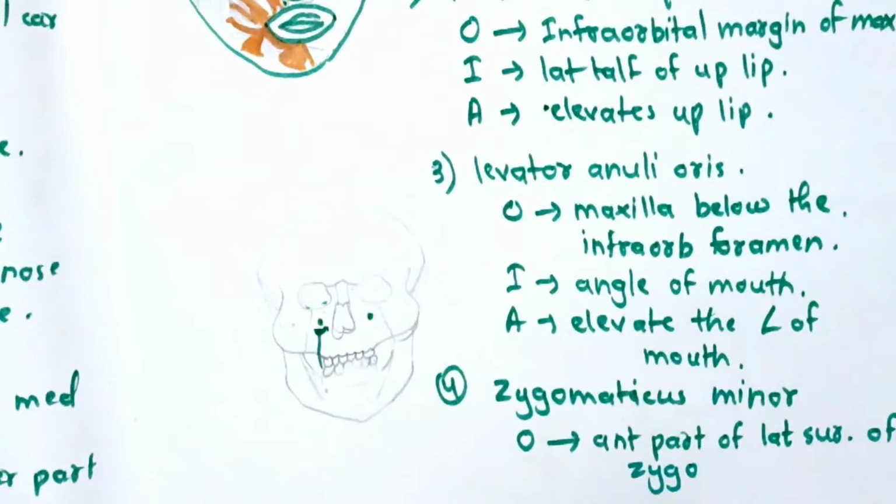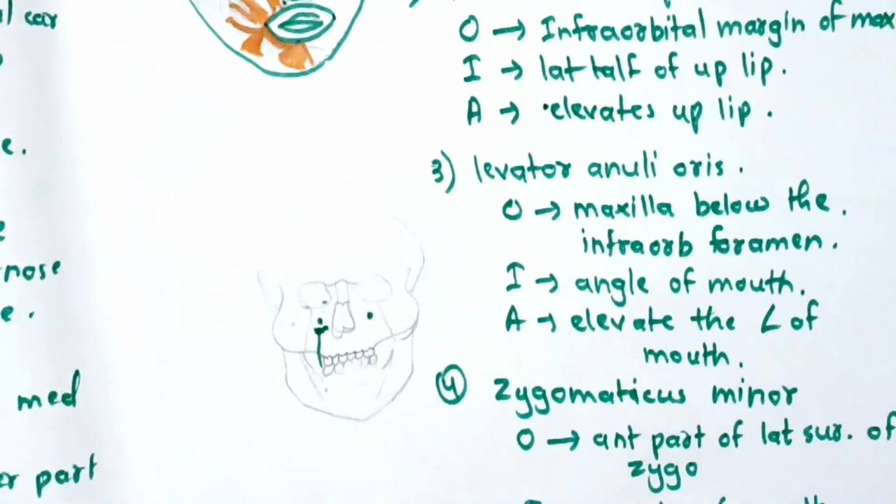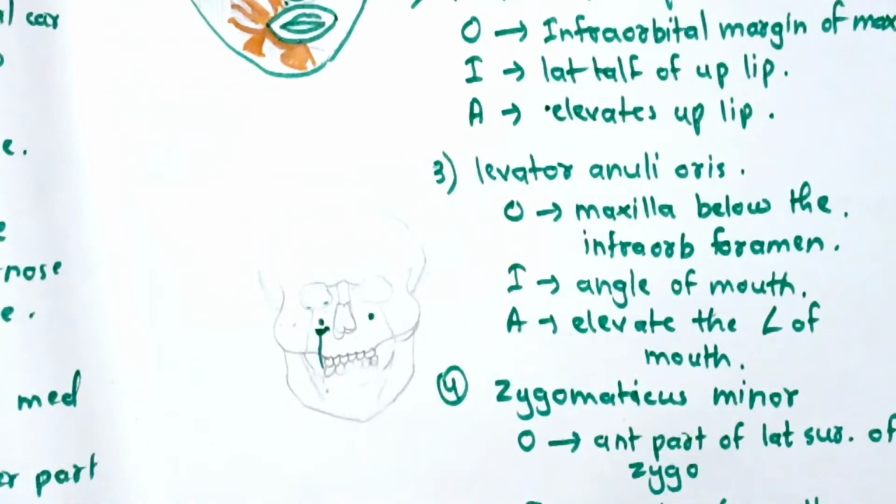Okay, and insertion is again on the angle of mouth. So what will be the action? Again it will elevate the angle and also slightly pull it to the lateral side. So it elevates the upper lip.